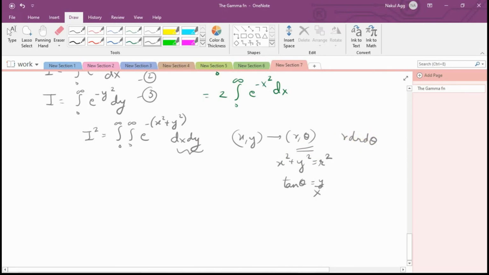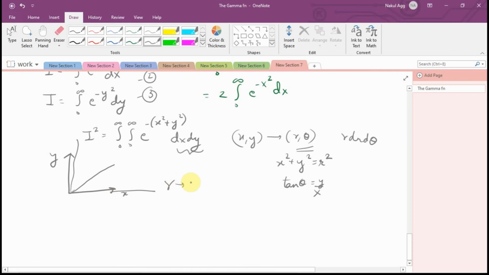Now we have to check the limits for r and theta. This is x and this is y; x goes from 0 to infinity, y goes from 0 to infinity. So r will also go from 0 to infinity, but it is theta which will only have a certain range of values.